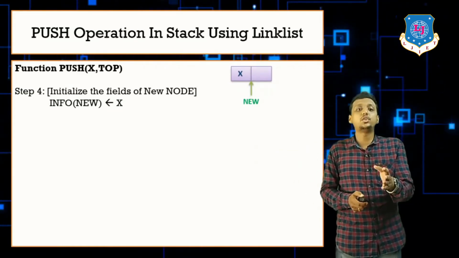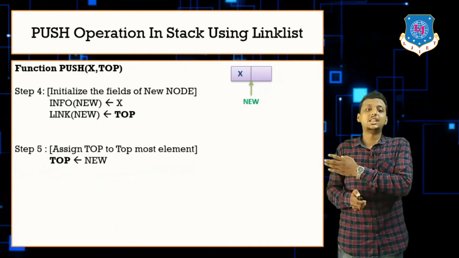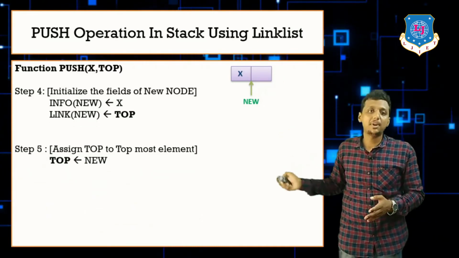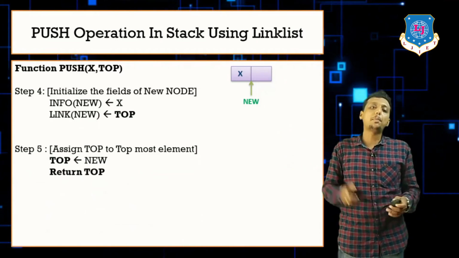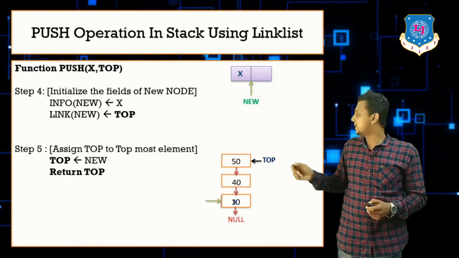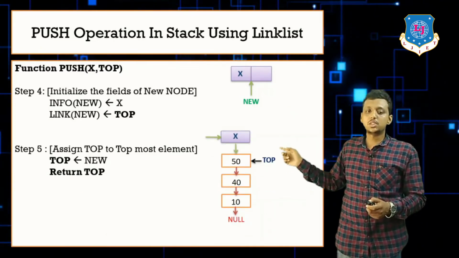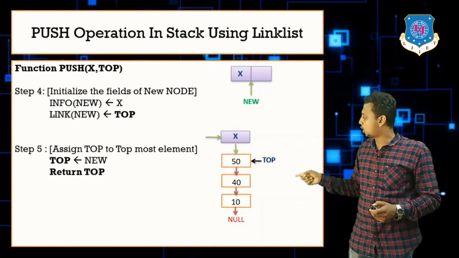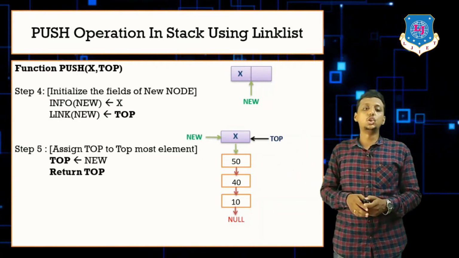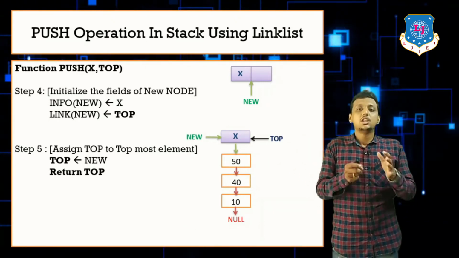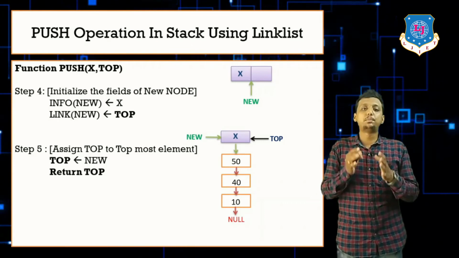So info of new arrow X, then link of new arrow top, and the last step is top arrow new. So top is pointing to new. See, link of new to top, and top is pointing to new. So this is how, students, you can perform the push operation using linked list.